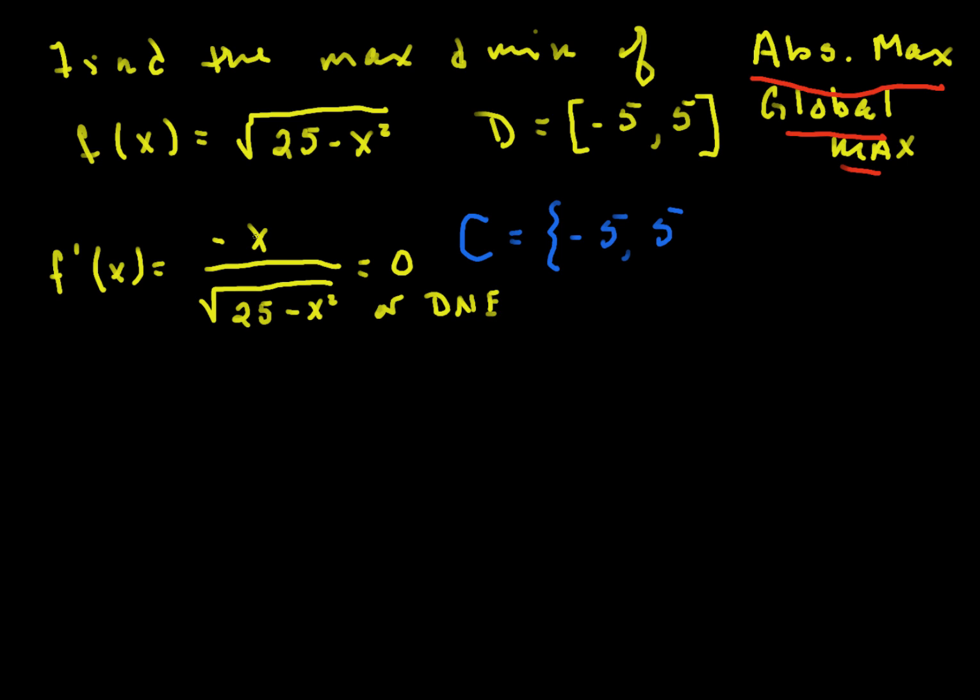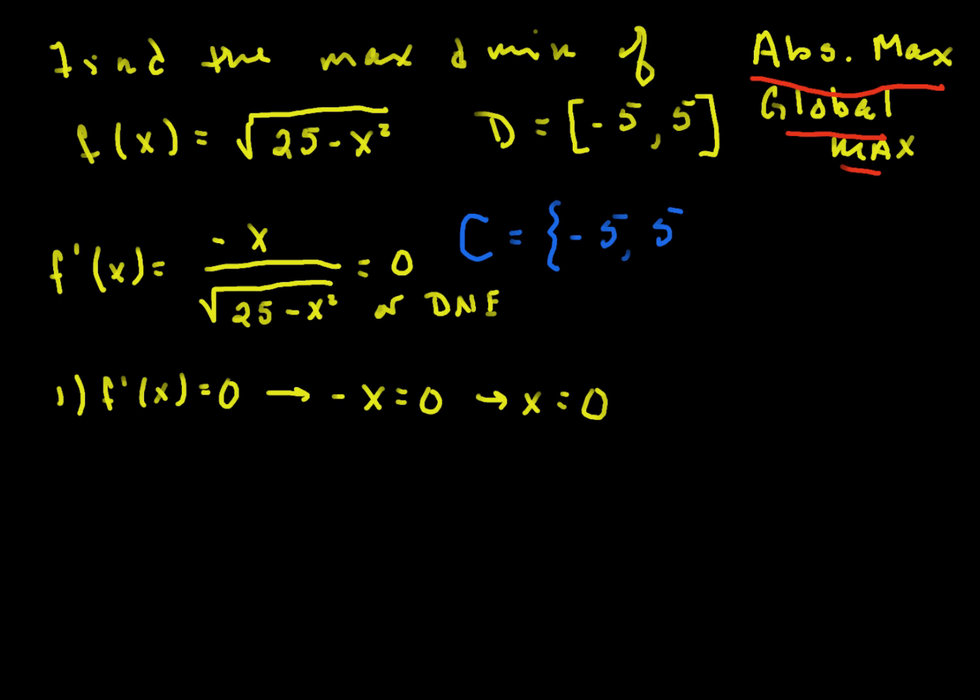And since I do have a rational function, it's quite possible there's going to be places where this doesn't exist. So first things first, I'll look at the derivative. When is it 0? F prime of x equals 0. Well, this occurs exactly when -x equals 0, which is when x equals 0.